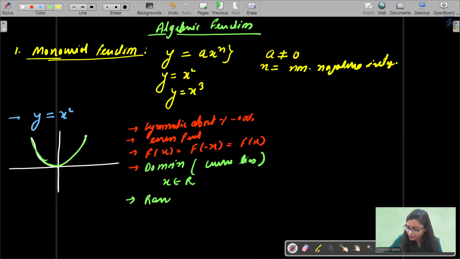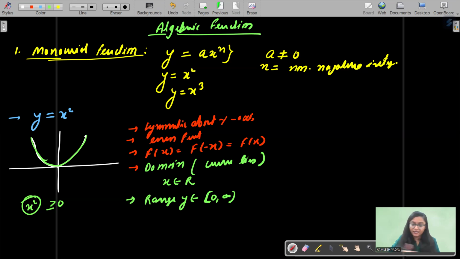This is a square function, and a square is always greater than or equal to 0. It means it contains all non-negative real numbers. So its range is the closed interval 0 to infinity.